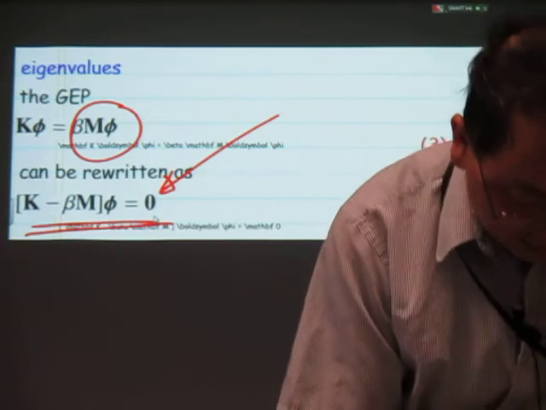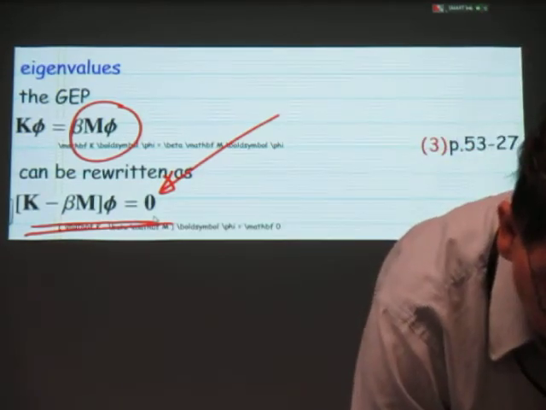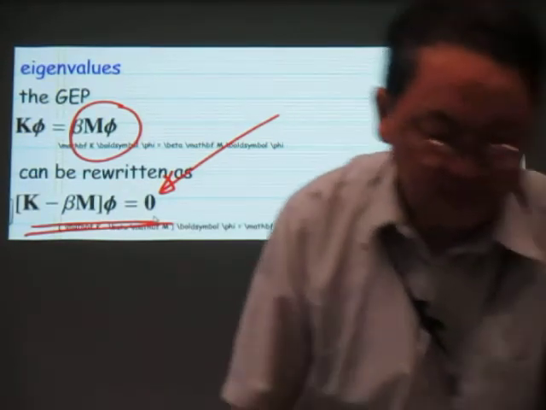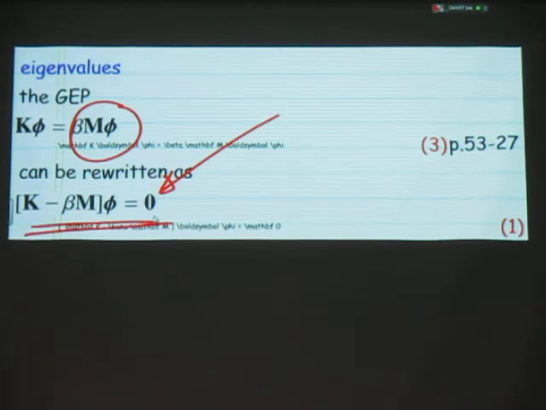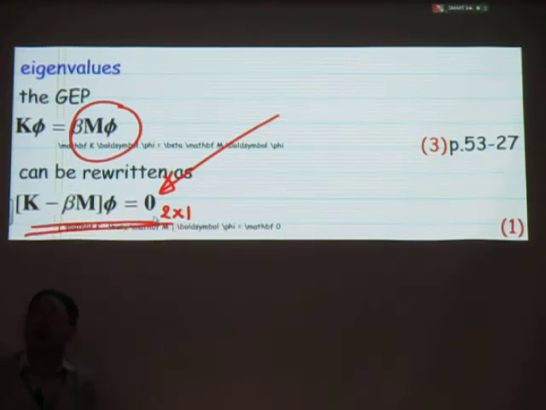Maria is Team 8. Yes, it's a 2 by 1 column matrix. Why? Look. K minus beta M is a 2 by 2. Phi here is a 2 by 1. So a 2 by 2 times a 2 by 1 is a 2 by 1.